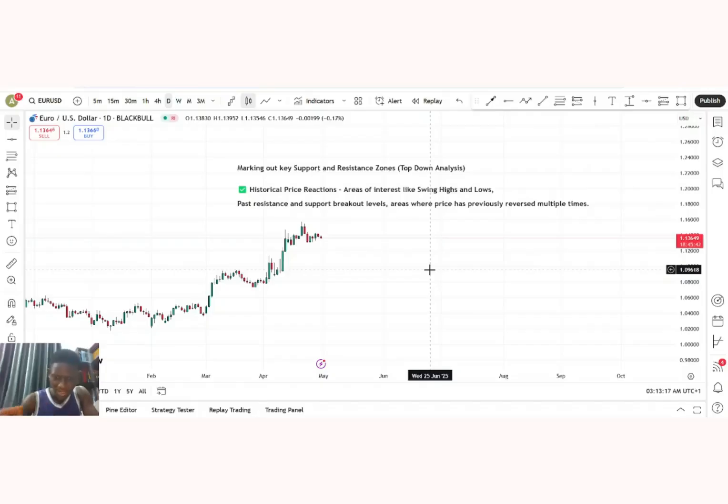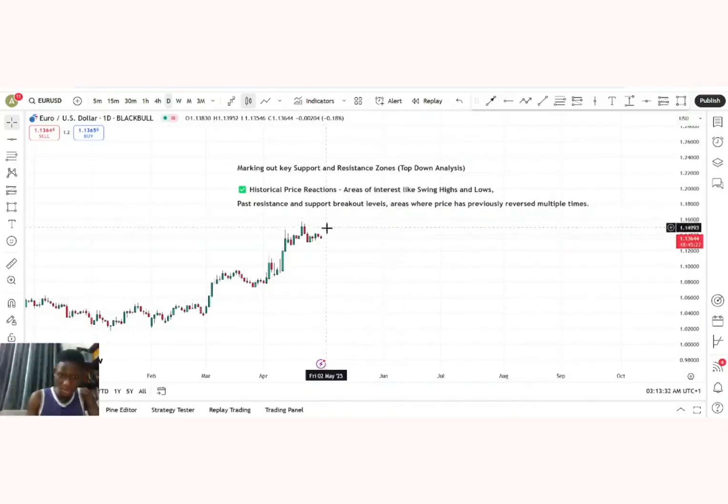So applying that analogy to the market, any point that supports the market down is a support level, and any point that resists price from going higher is a resistance level.